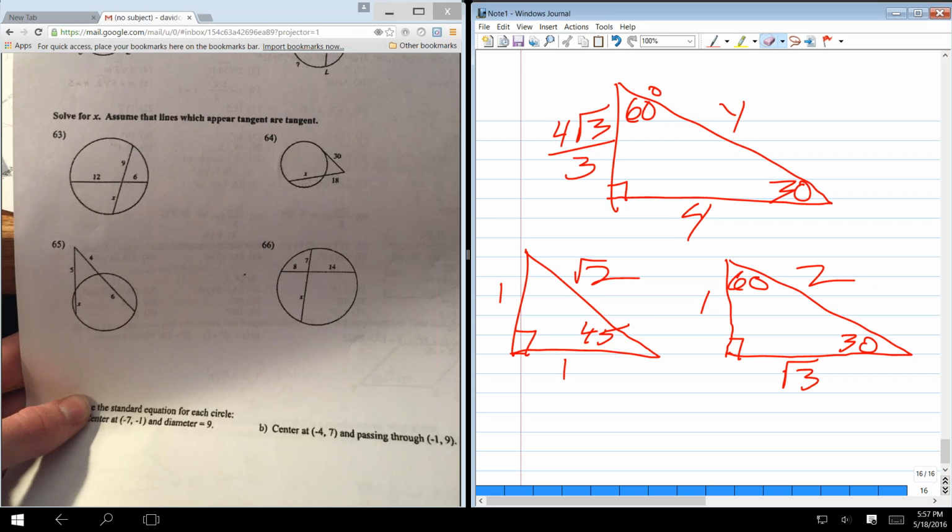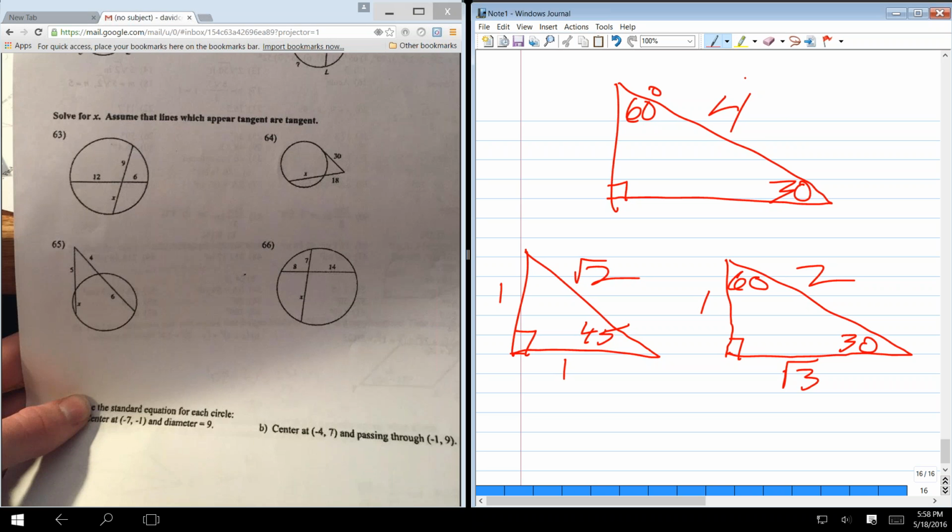Now let me change this problem slightly, just to make sure you understand what we're doing here. What if I said that's 4? What's the similarity ratio? Big triangle to little triangle. Yeah, this big triangle up here to this little triangle. What's the similarity ratio? 2 and √3.